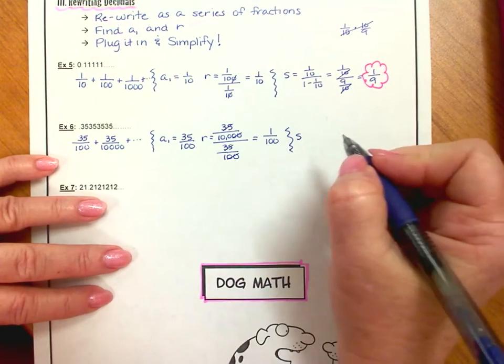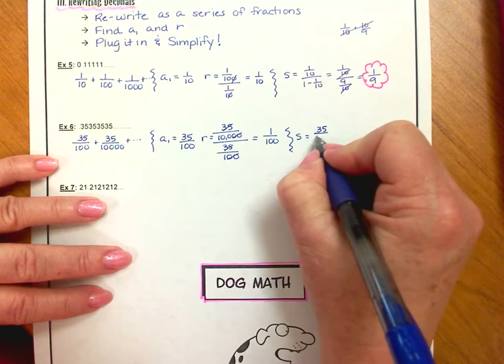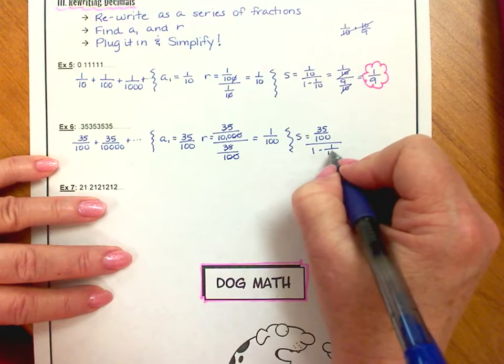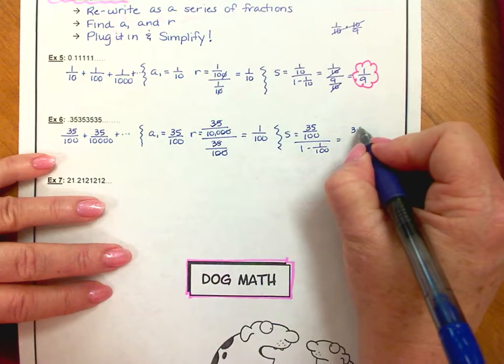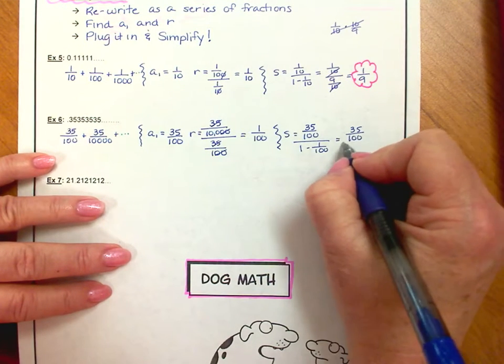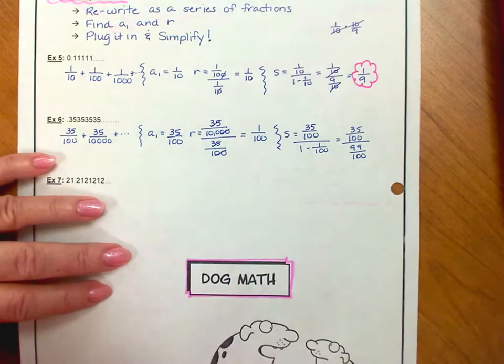Okay, so let's plug it in. So I get S is equal to 35 over 100 over 1 minus 1 over 100, which is equal to 35 over 100 divided by 99 over 100.